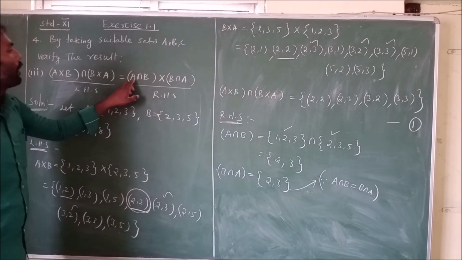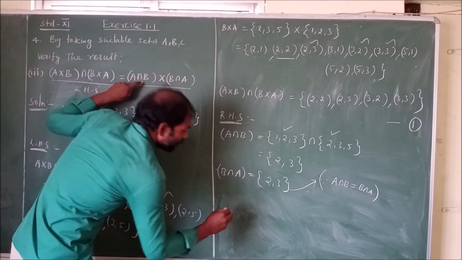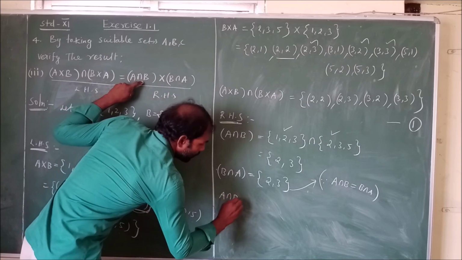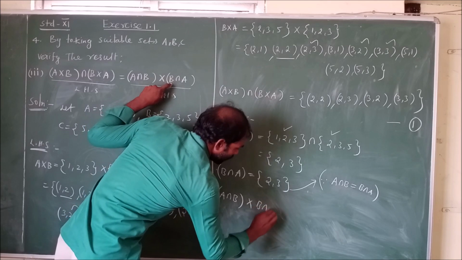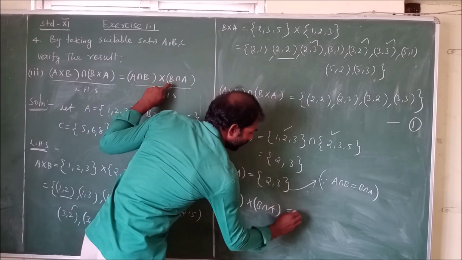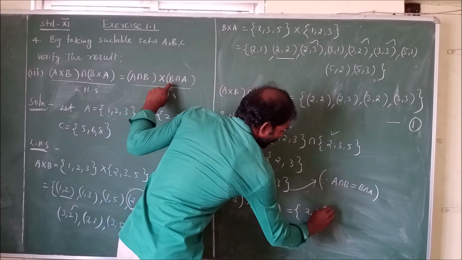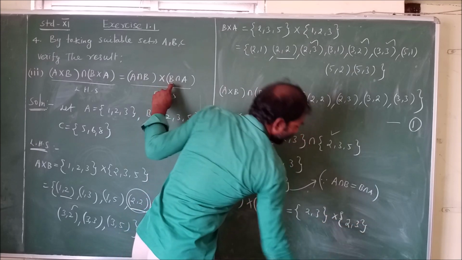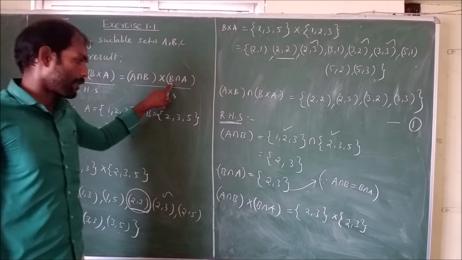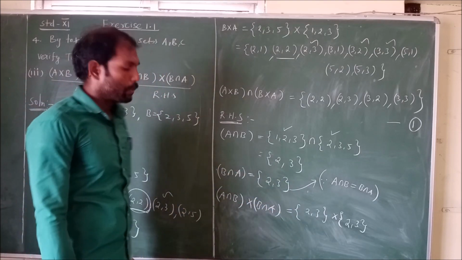So we have to find out (A intersection B) cross (B intersection A), which equals {2, 3} cross {2, 3}.